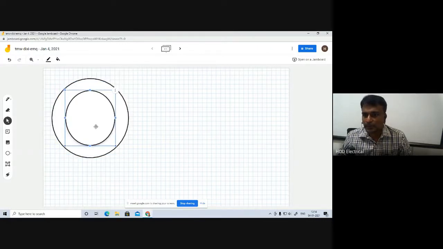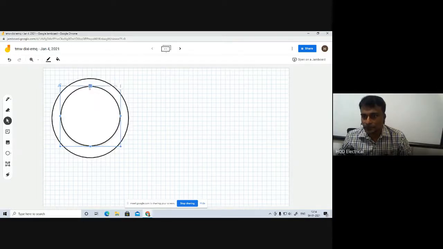So now this is the air gap. Inside that we have the rotor as well. This is the rotor.